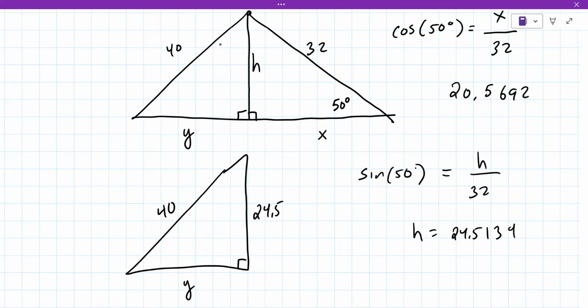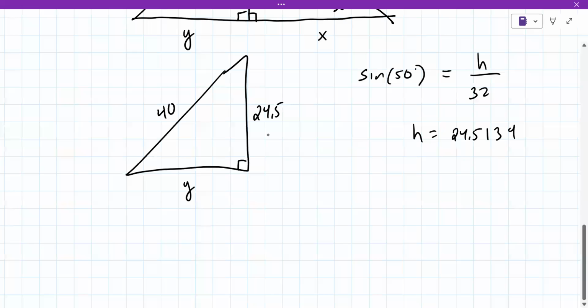So I'd like to use Pythagorean theorem to solve for y, please. And that's the a squared plus b squared equals c squared. So could you do 40 squared equals 24.5 squared plus b squared? Yes.